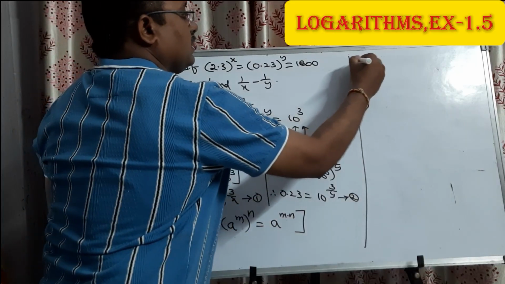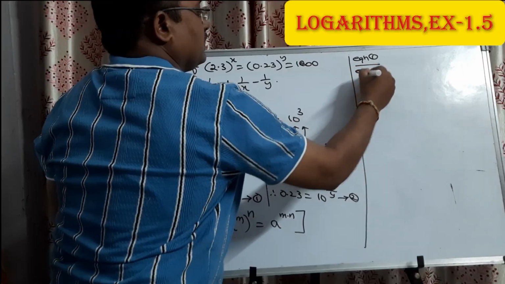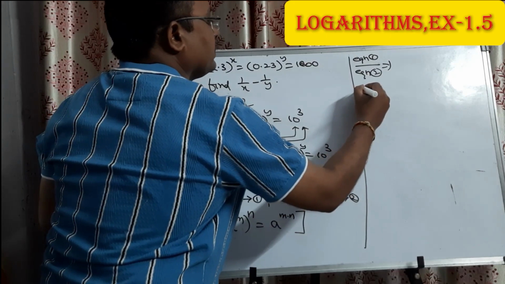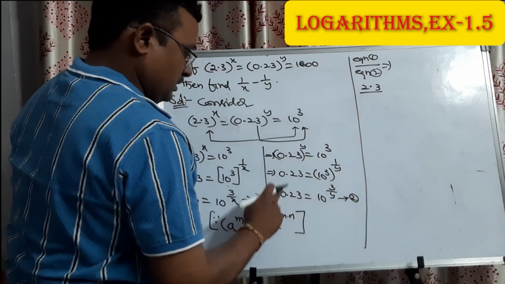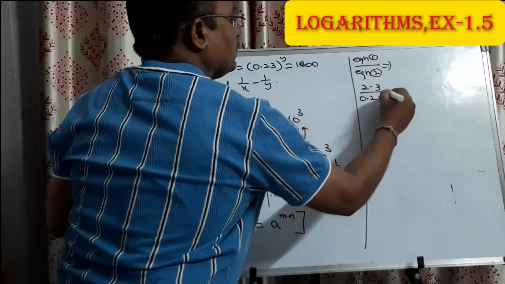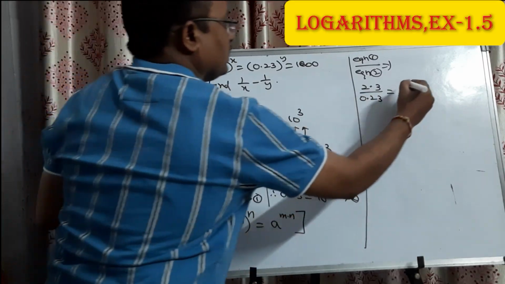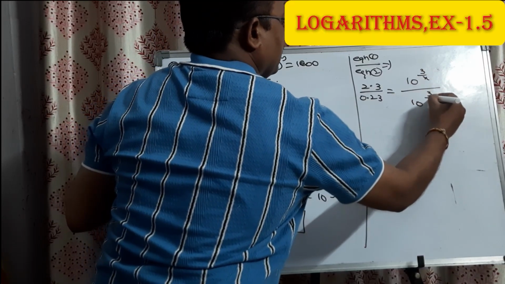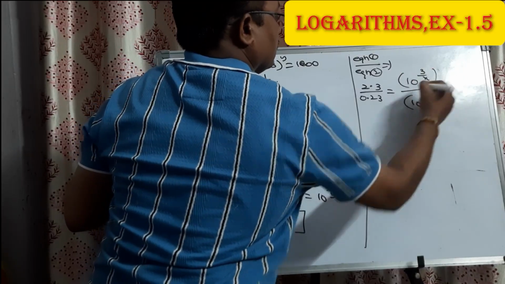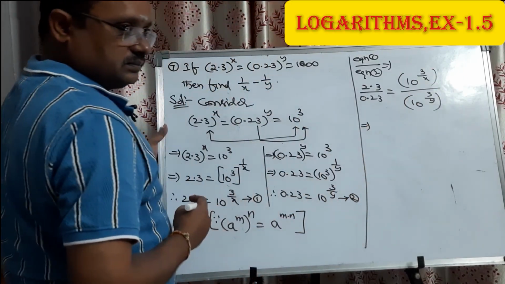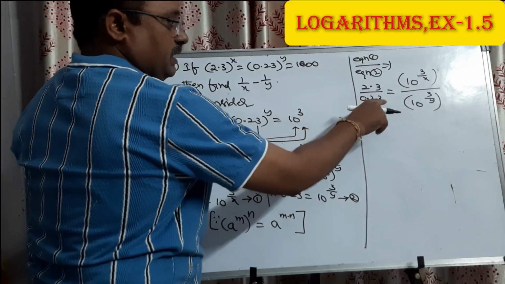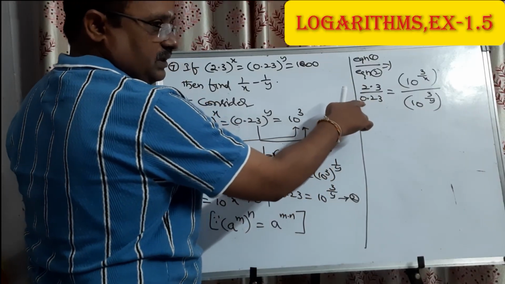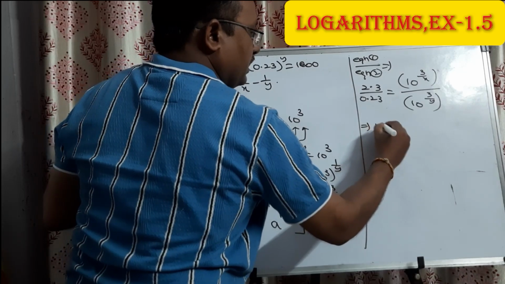That implies left side values 2.3 by 0.23 is equal to right side values 10 power 3 by x by 10 power 3 by y. 2.3 by 0.23 means only one decimal point change, that means the bigger by smaller, so its answer automatically will become 10 with power 1.